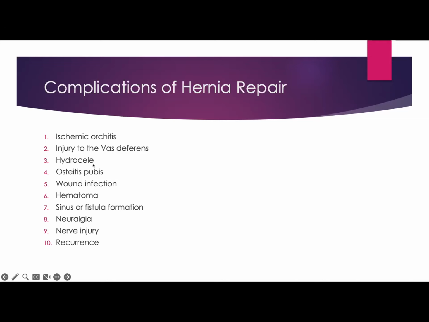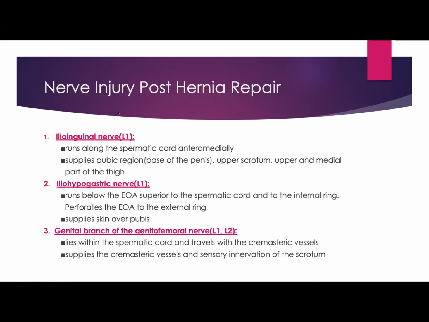We have also hydrocele, osteitis pubis, wound infection, hematoma, neuralgia and nerve injury. And it can also be recurrent hernias. So if it wasn't sutured completely, then we have another weakness of the abdominal wall, and it could lead to another hernia.